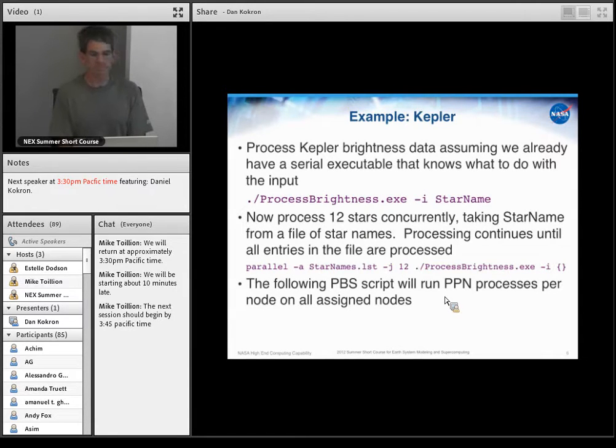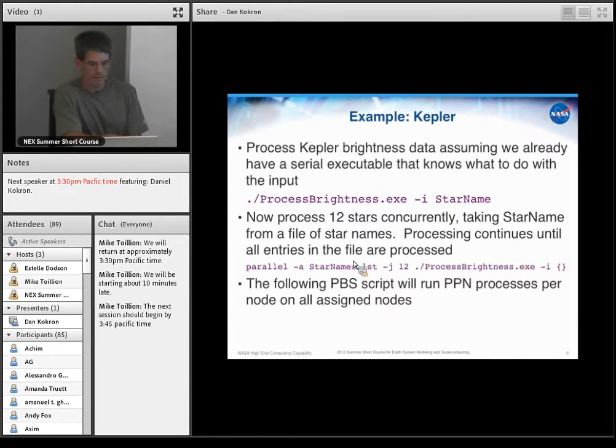And you can run one at a time, but of course, for 10,000 or 100,000 times, that's going to take quite a while. On a particular node, we can go down here and process 12 concurrently, taking the input from a list of star names, and that's just starnames.lst down here.